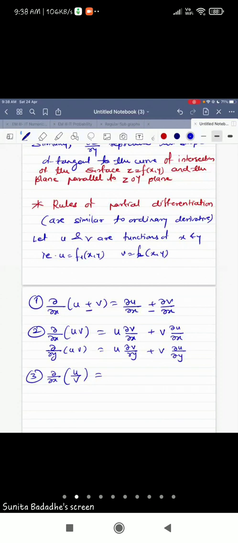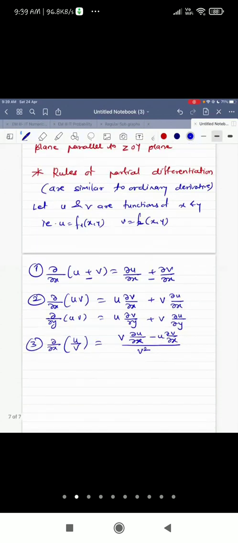No, the order is different. What is the correct order? We write the V first. V into derivative of U minus U into derivative of V, and divided by V square. Correct. So where we write du/dx in the ordinary derivative, here we write ∂u/∂x. The rest of the things are the same.